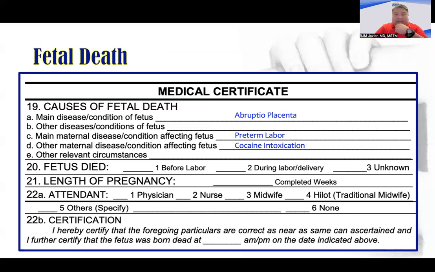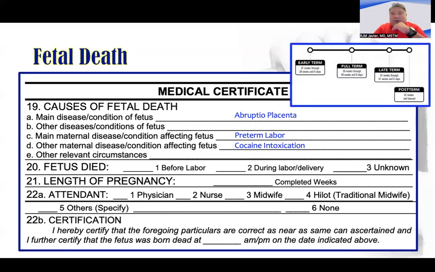Now, here, another thing that could be difficult is the length of pregnancy. If you can identify the number of completed weeks, it would be best. So in obstetrics, you will learn about this. There is also a difference between your preterm versus your early, full, late, and post-term babies. So the number of completed weeks, it's important that you document that.